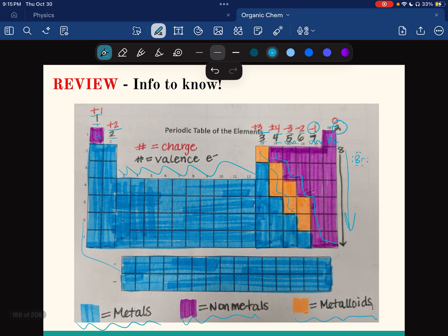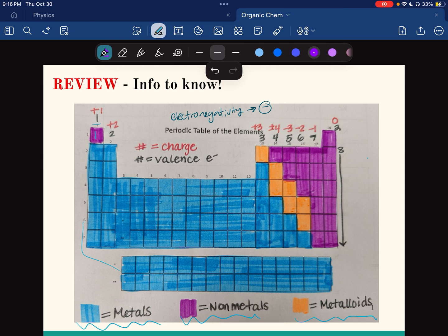And one thing we can look at that I saw they talked about earlier in your notes, and I'll erase some of this just for clarity so that we don't have so much stuff on here, is that when it comes to terms of electronegativity, which just means how well can an atom support a negative charge, essentially, the general trend, now this doesn't apply to every single element, so it's something that you should just kind of be aware of in general, but the general trend for electronegativity is that it goes from down here on the periodic table up to here.